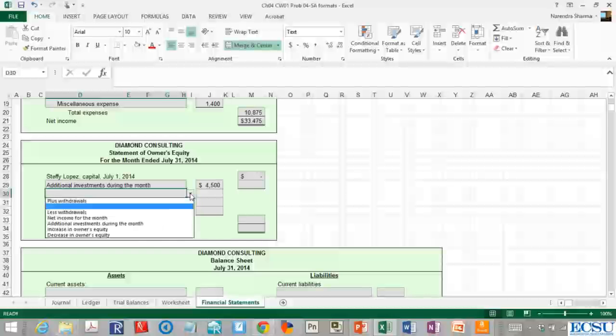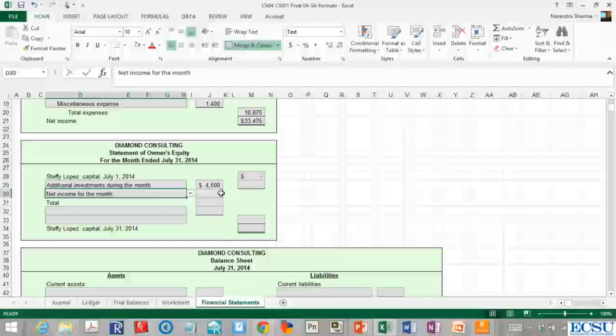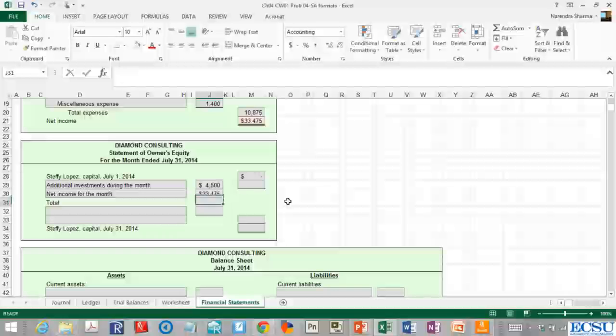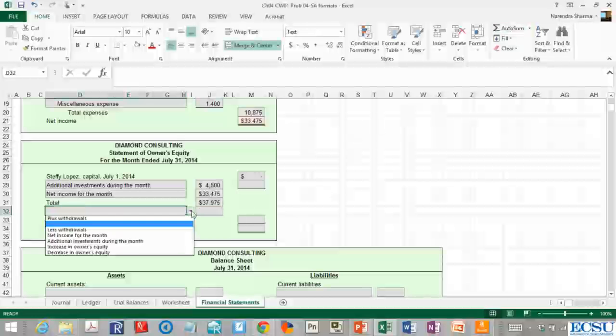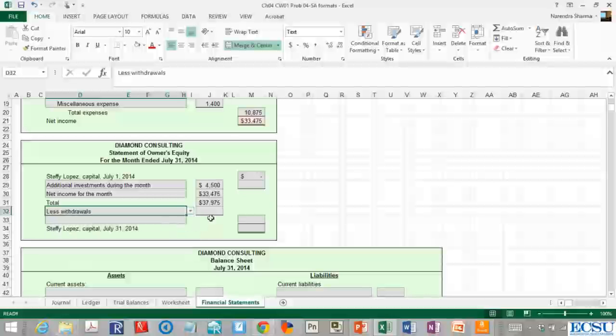So the net income was, we bring that amount here. So this is going to be 33,475. So we add the total. So this will be 37,975, and we subtract the drawings less withdrawals.